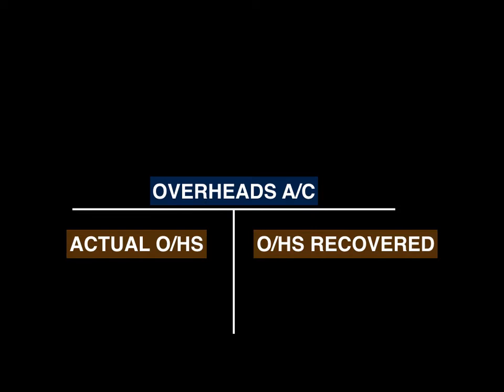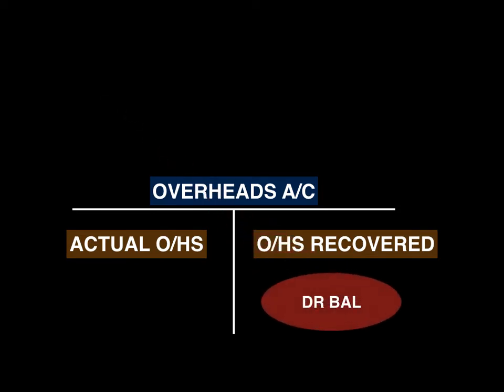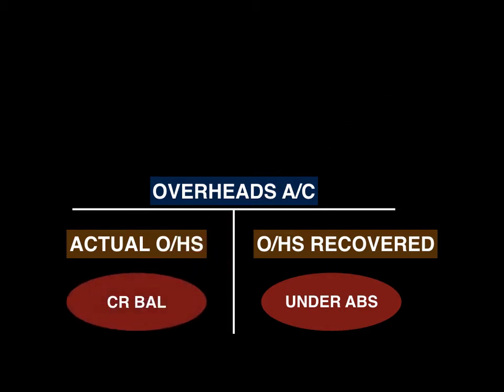So now suppose if there is a difference, there will be a balance. If there is a debit balance here, debit balance means the debit side is higher, the credit side is lower. So we absorbed, we recovered less. So debit balance means an under absorption. While if there is a credit balance, the credit side is more, which means the overheads absorbed or recovered is more.